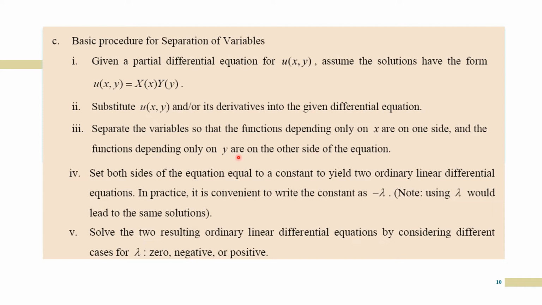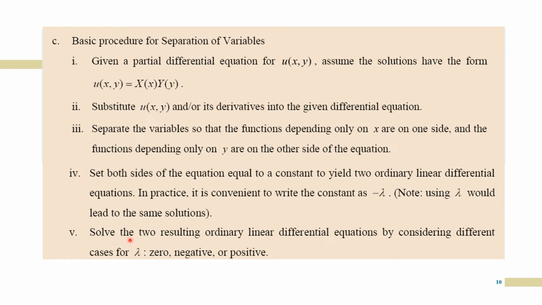After that, set both sides of the equation equal to a constant to yield two ordinary linear differential equations. In practice, it is convenient to write the constant as negative lambda. Now we can actually use lambda instead of negative lambda, because these two will also lead to the same solutions.